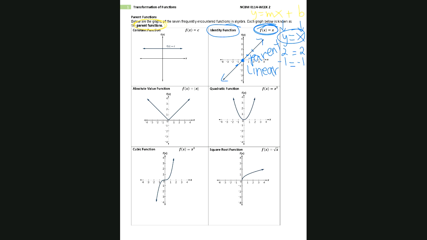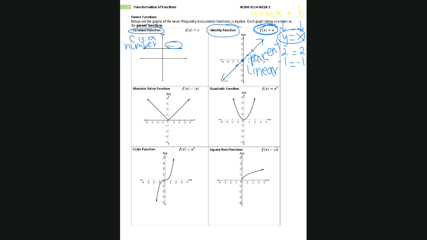Now I'm going to move back to our first example that we have here. For this example, we have what is called the constant function. The term constant refers to a number. So if we have f of x equals c, c being a number, or like we also call numbers, a constant.